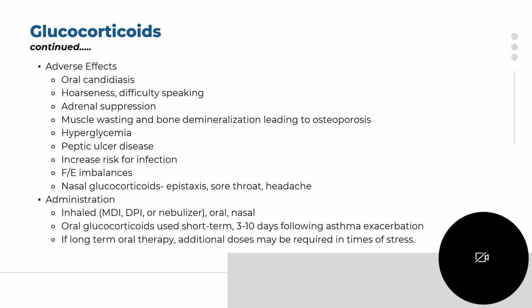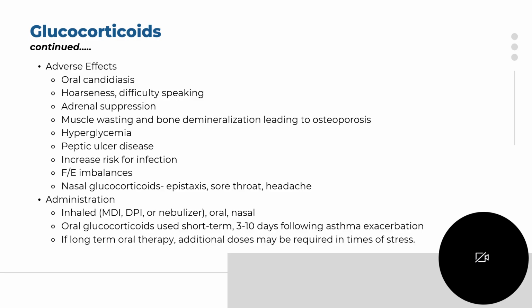If it's nasally, which we're coming back to in a second, they're going to be at risk for nosebleeds. That's what this word means, epistaxis, sore throat or headache. It can be given by metered dose inhaler, nebulizer, orally, nasally, and usually for treatment, they're going to have it within 30 days.